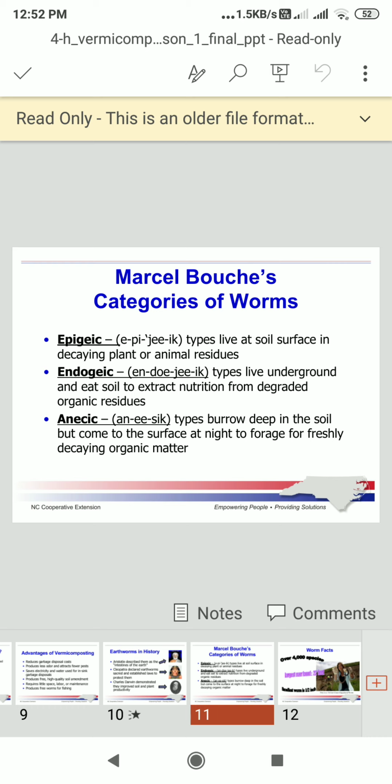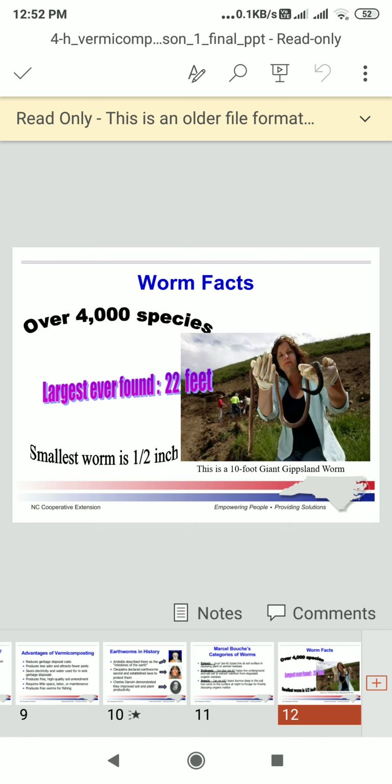Anecic worms burrow deep in the soil but come to the surface at night to forage for freshly decaying organic matter. There are about 4,000 species of these worms which work together for vermicomposting. So this is about composting.